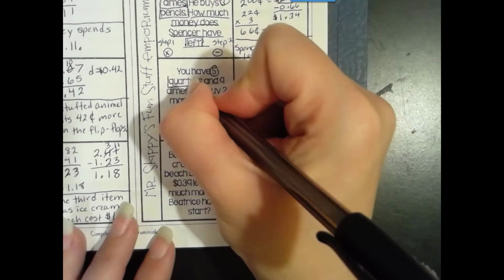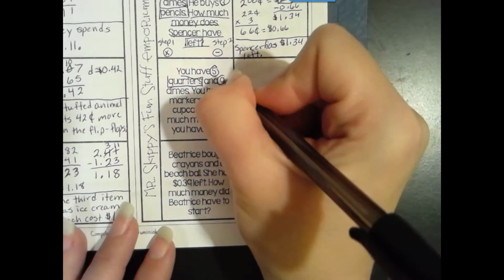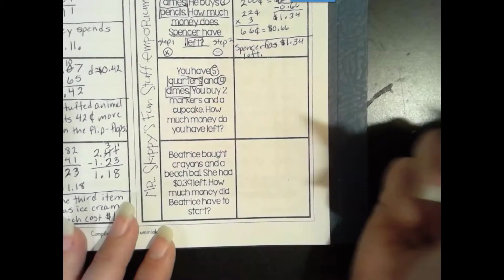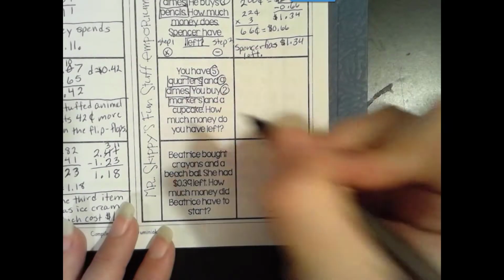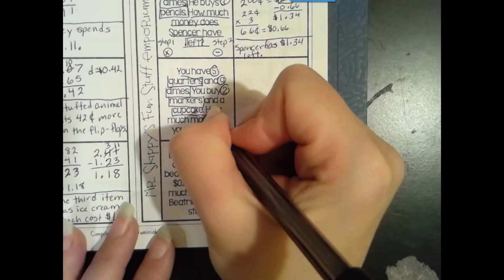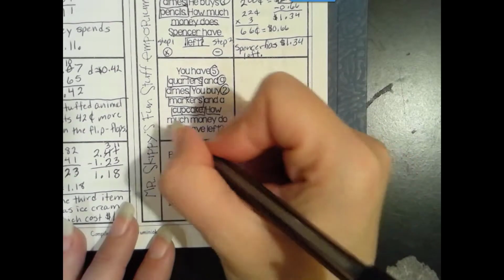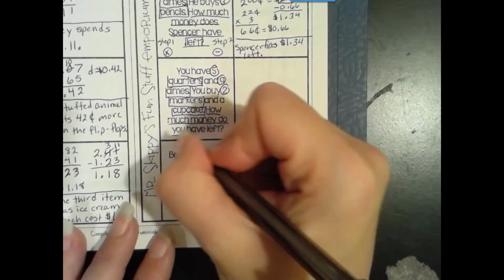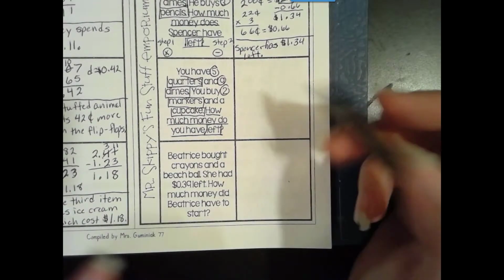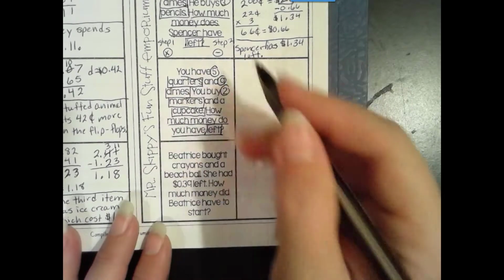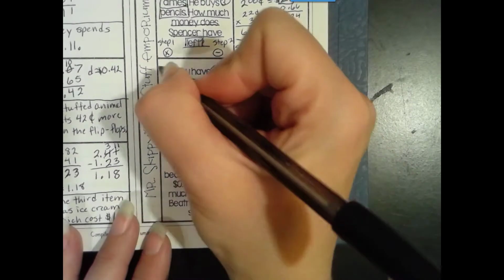You have 5 quarters and 9 dimes. You buy 2 markers and a cupcake. How much money do you have left? So similar problem, but this time we have some quarters and dimes. So we have to do both adding and subtracting.